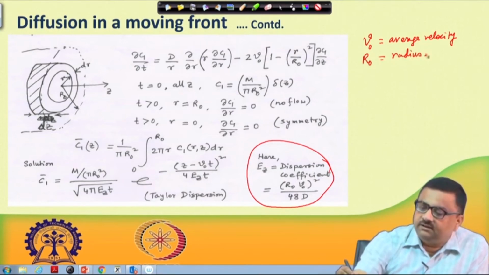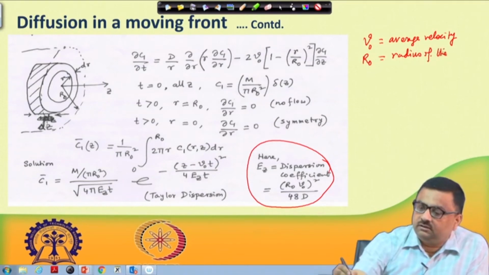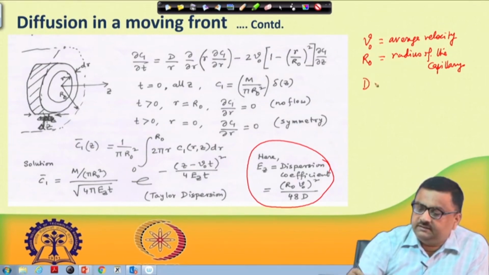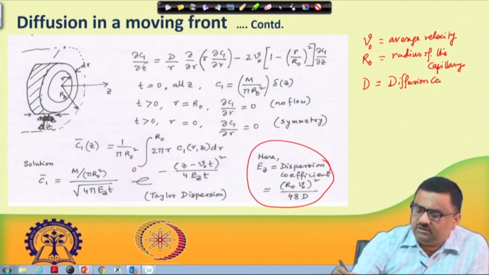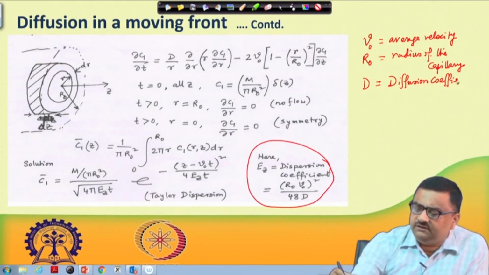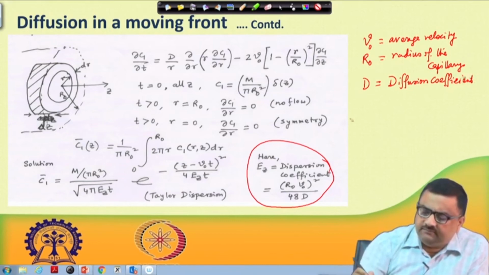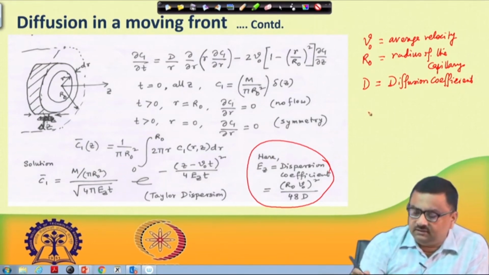And D is equal to the diffusion coefficient. These two terms are used interchangeably. Sometimes we call it diffusivity, or we call it diffusion coefficient. So it is one and the same thing as far as this lecture is concerned.